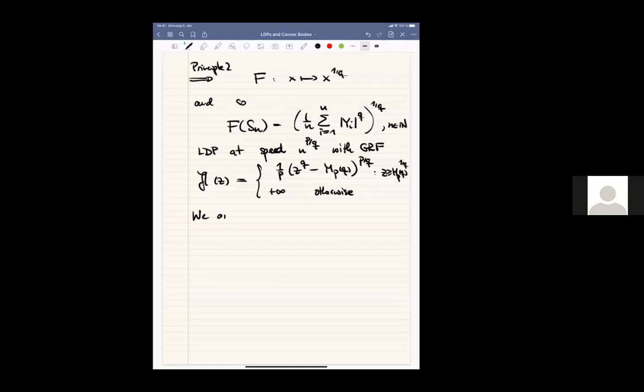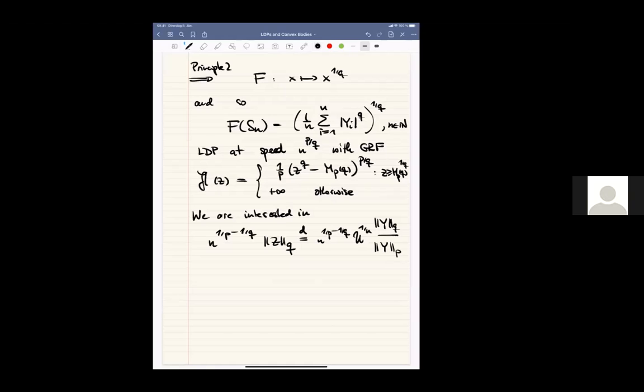So we are interested in the following quantity, which we know is equal in distribution to n to the 1 over p minus 1 over q, U to the 1 over n, times the Q norm of y, over the p norm.